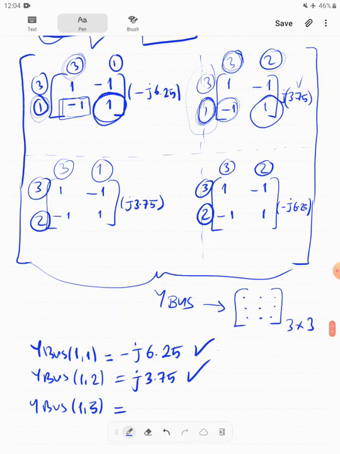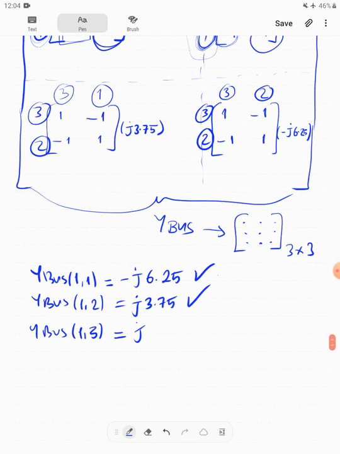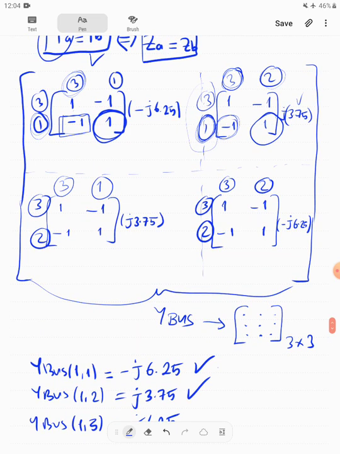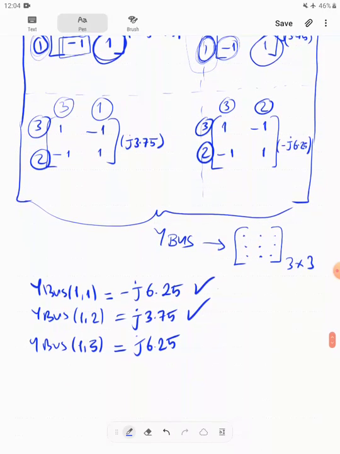You see minus 1 will be multiplied by minus j 6.25 here, so the answer is j 6.25. And here minus 1 must be multiplied by j 3.75, so I have to write minus j 3.75.